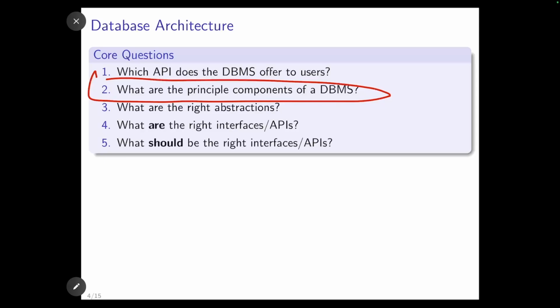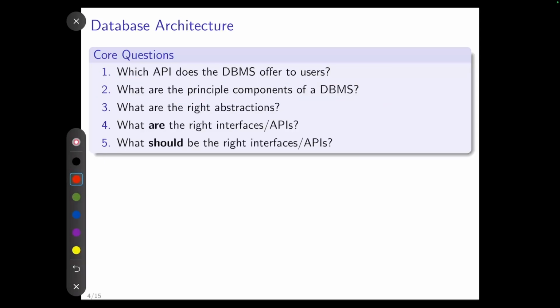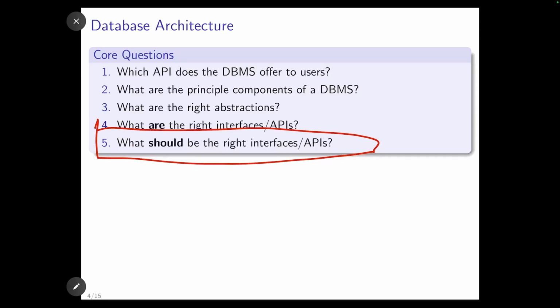So what are the right abstractions? We will look into that. What are the right interfaces and APIs for components in the database system? In industry, it's much more difficult to change these interfaces, but in research we are in this big playground, and we can ponder, hey, what if we started relational database systems today?